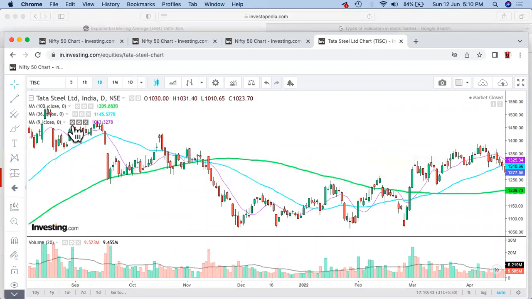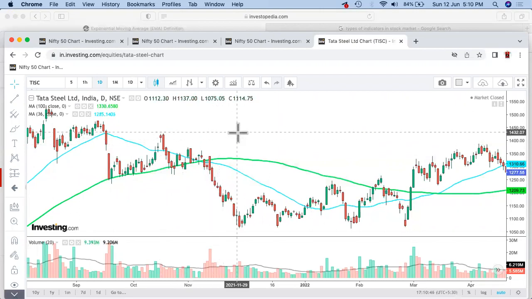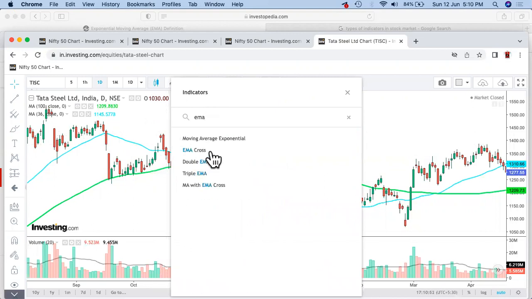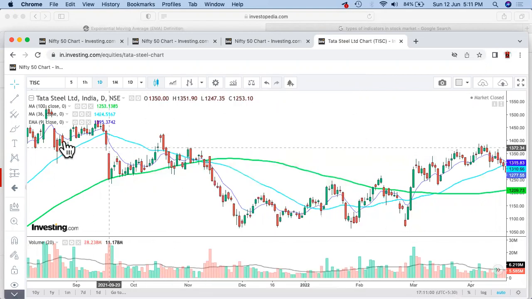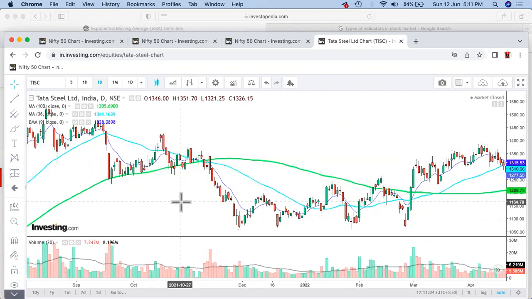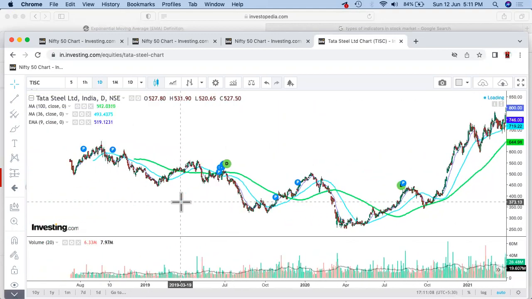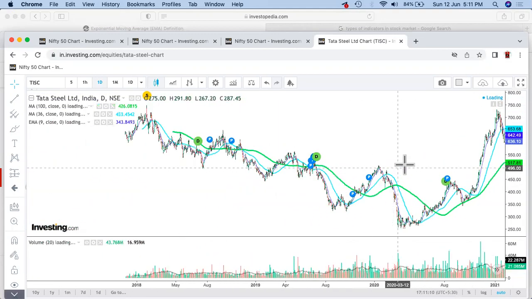I'll remove this one and just keep these two, and we'll see exponential moving average, right? So for exponential moving average, generally the time frame considered is the nearest one, right? So again, try to see both the examples.